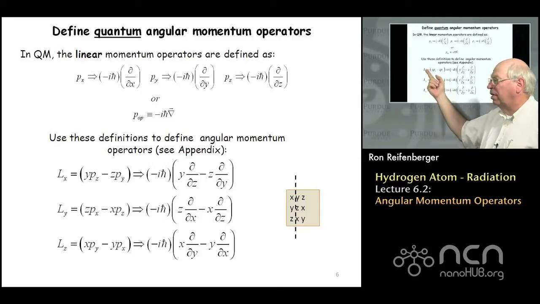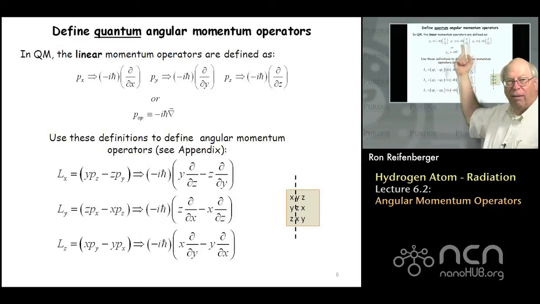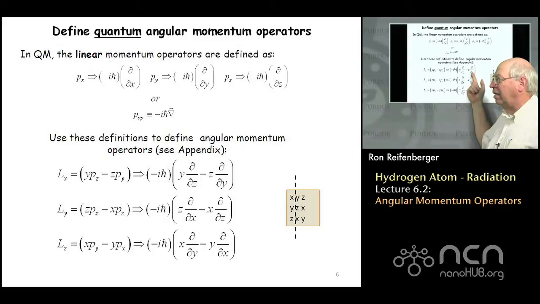For instance, the angular momentum in the x direction is the y coordinate times the momentum in the z direction minus the z coordinate times the momentum in the y direction. Using these definitions of quantum operators that we give at the top of the slide, we can then say that the angular momentum in the x direction is this funny combination: y times the partial with respect to z minus z times the partial with respect to y.